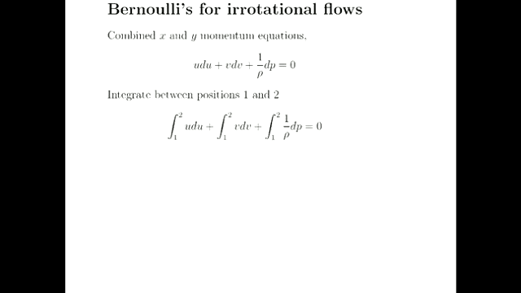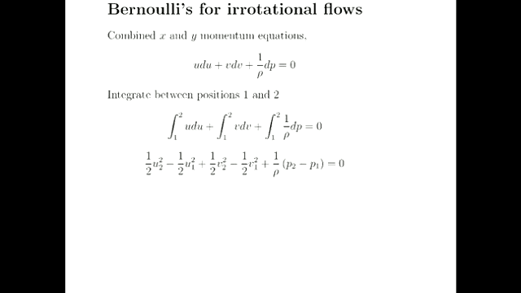So integrating it between position 1 and 2 is just going to become u2 squared on 2 minus u1 squared on 2, and likewise the integral of v dv is going to become v2 squared on 2 minus v1 squared on 2, and the integral of dp on rho is going to become p2 minus p1 on rho.